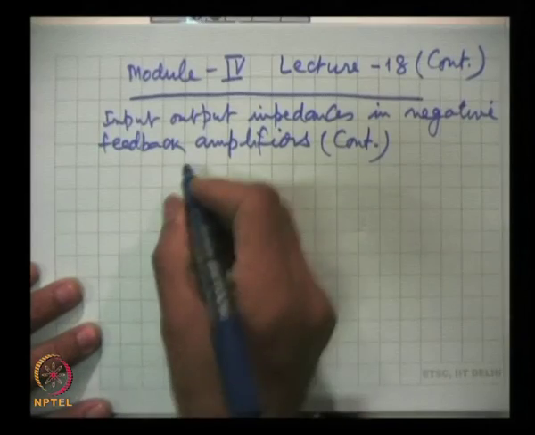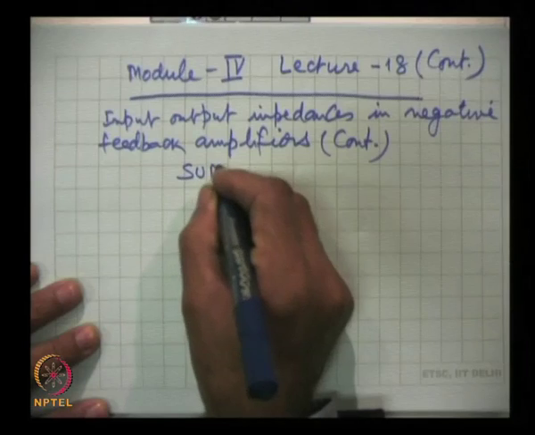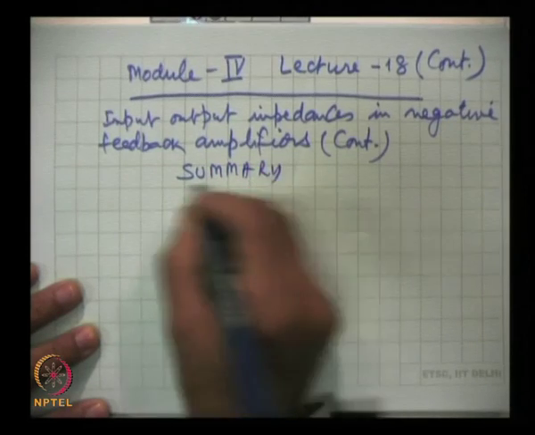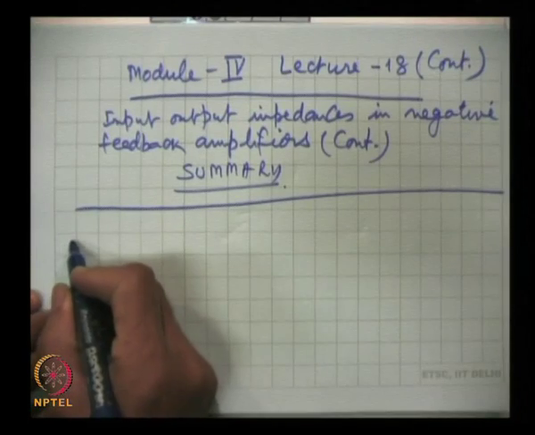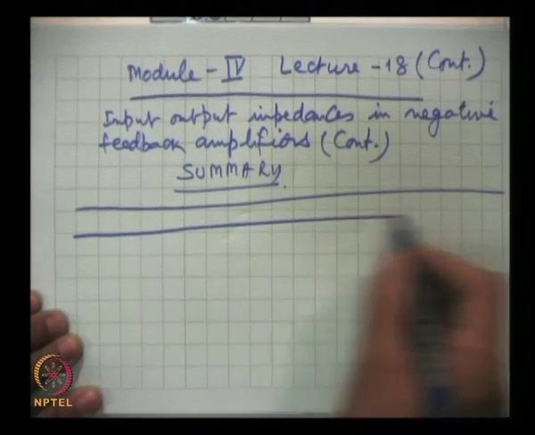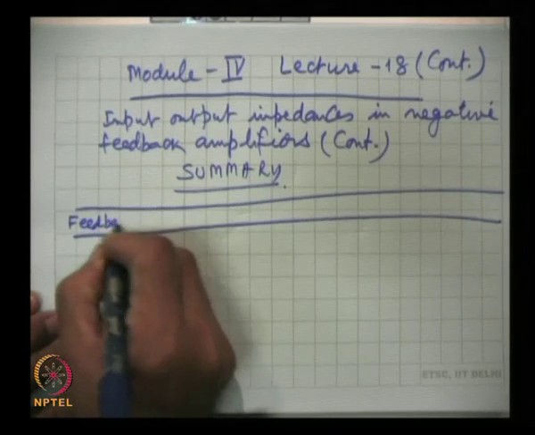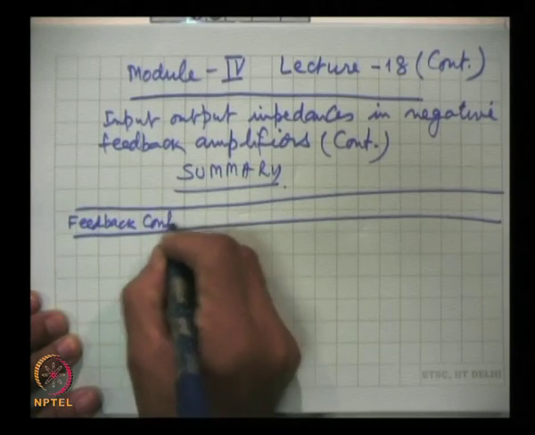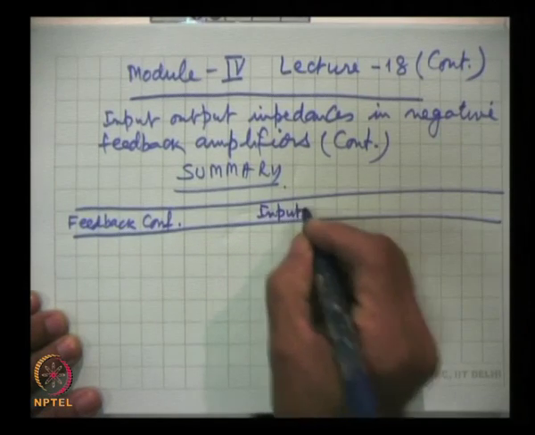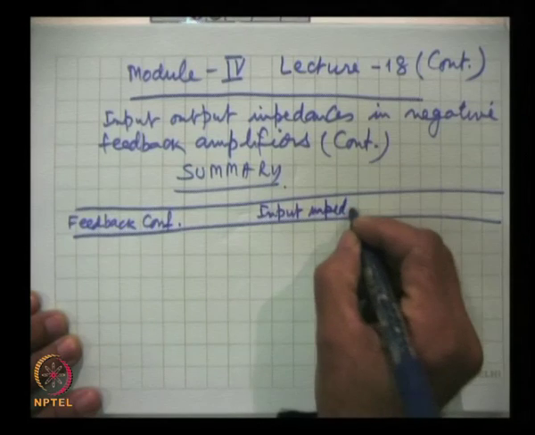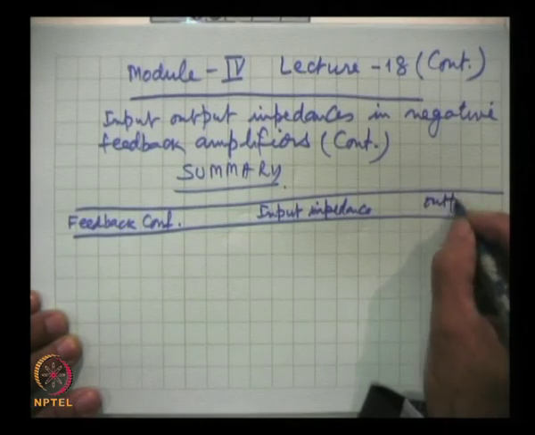So, this is the summary for all the 4 configurations. This is the feedback configuration, this is input impedance, and this is the output impedance.